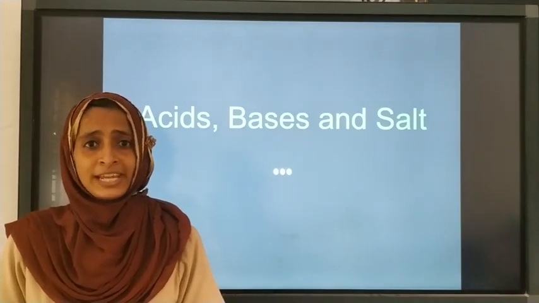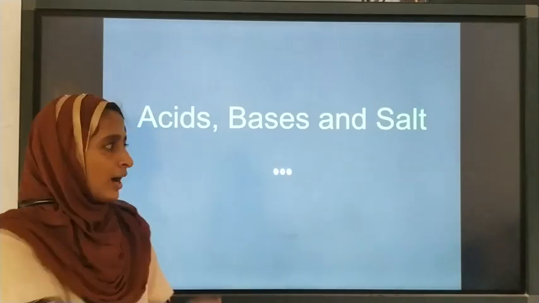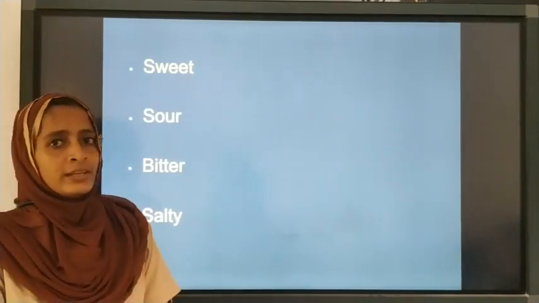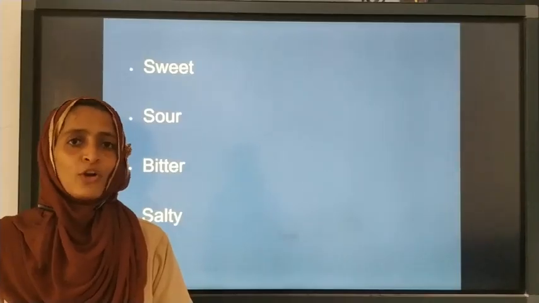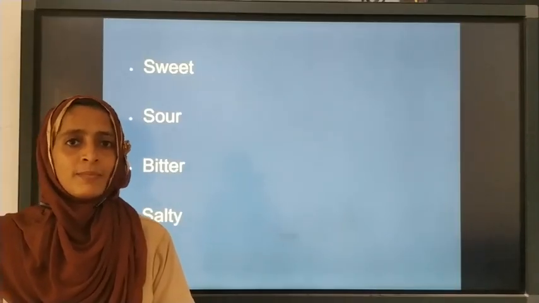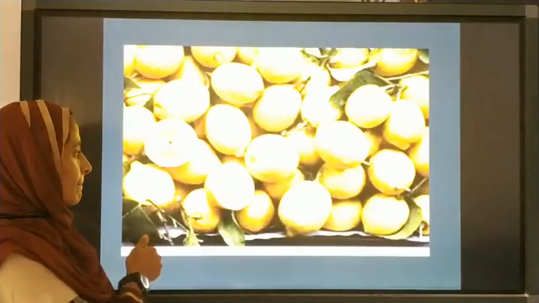Which are the different tastes that we can identify with our tongue? They are sweet, sour, bitter and salty. Isn't it? Yes. Now we are going to identify some taste of some substances.